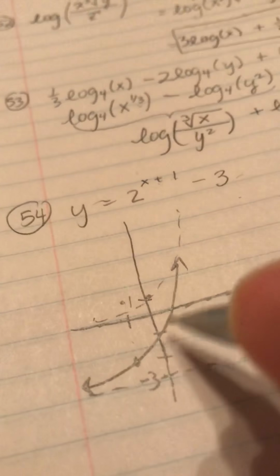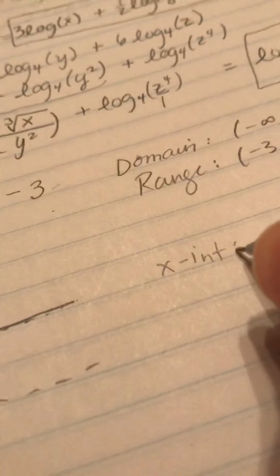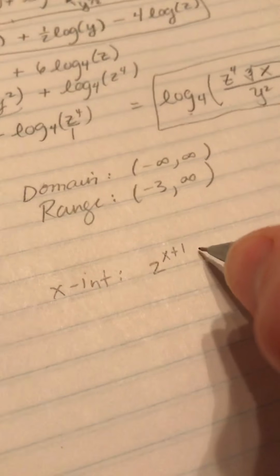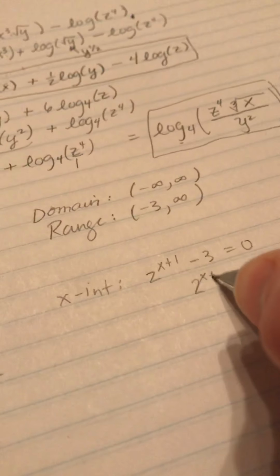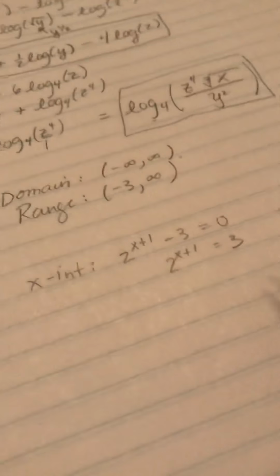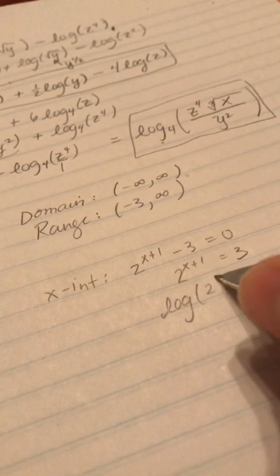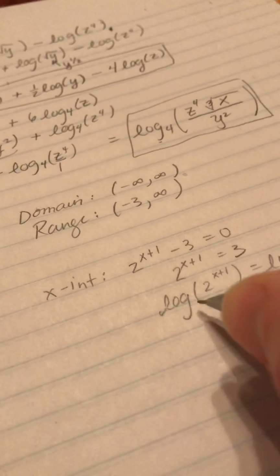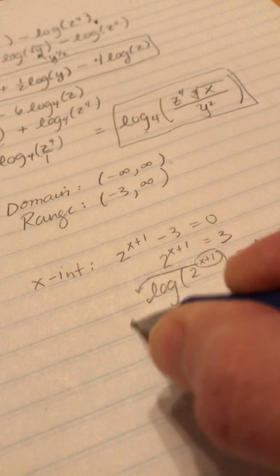There are x and y intercepts here that you could find. The x-intercept, remember, is when you set the function equal to 0, plugging in 0 for y, you would get 2 to the x plus 1 minus 3 equals 0. So 2 to the x plus 1 equals 3. To solve that equation, you've got to take the log of both sides. Log of 2 to the x plus 1 equals log of 3. And then you can use that property of logs that says you can bring that x plus 1 out in front.